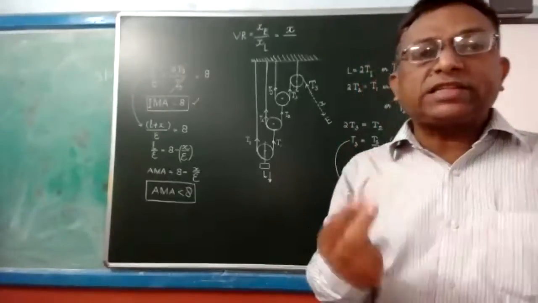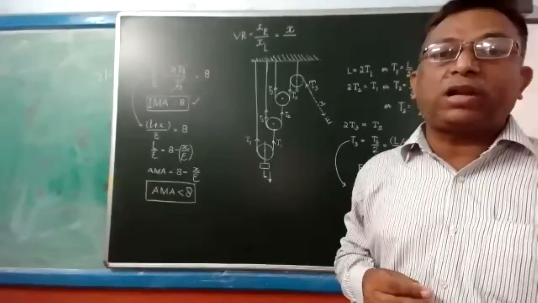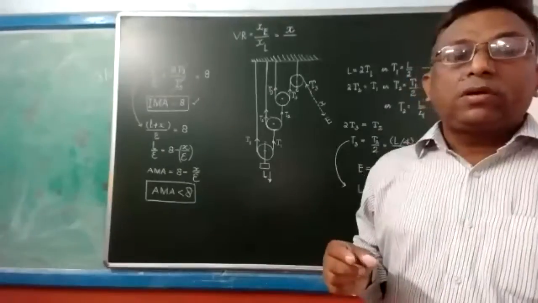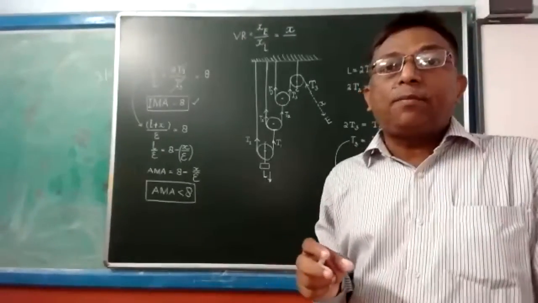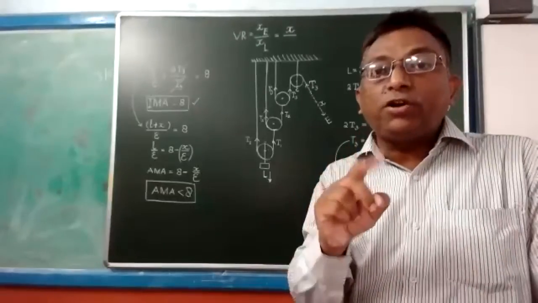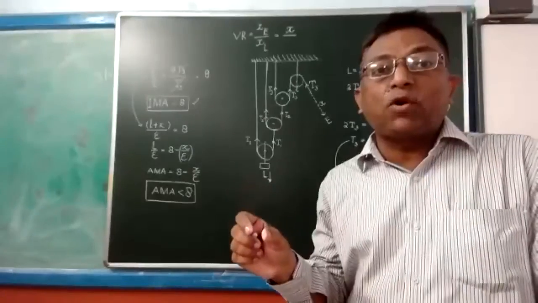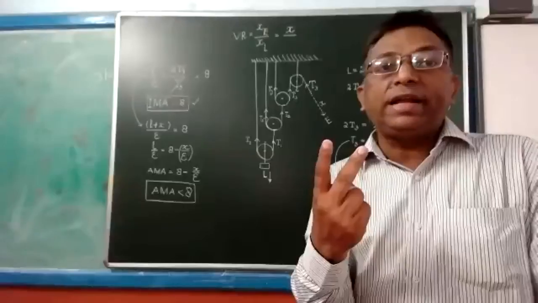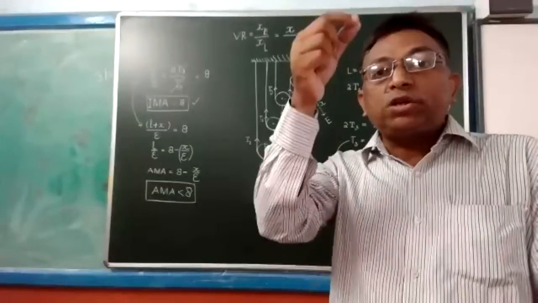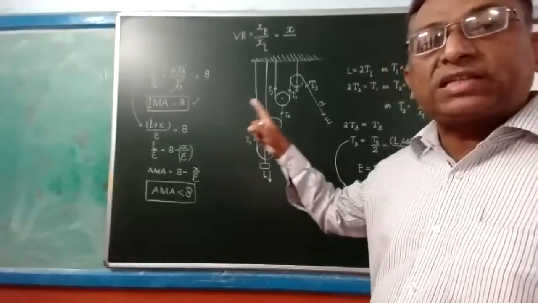When effort is applied through distance x, the load is raised through x upon 2, because the load is supported by two cords. So x by 2 plus x by 2.